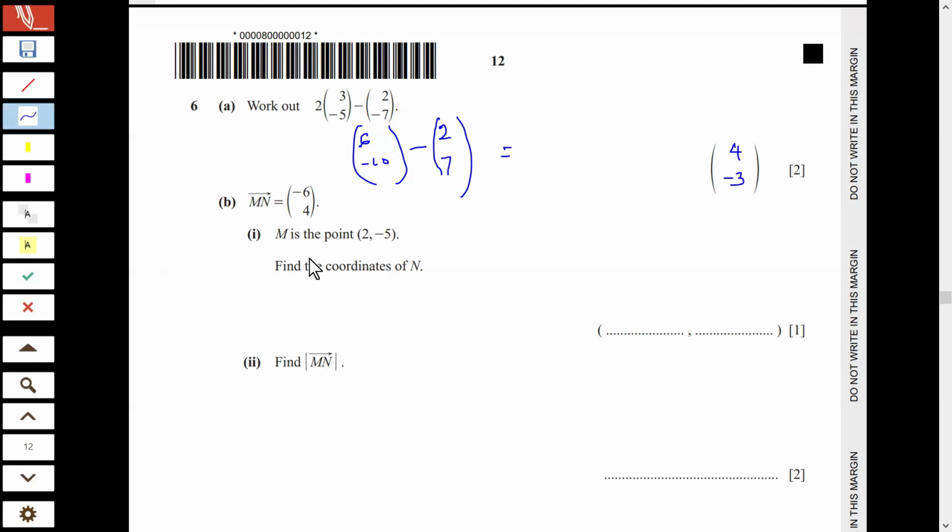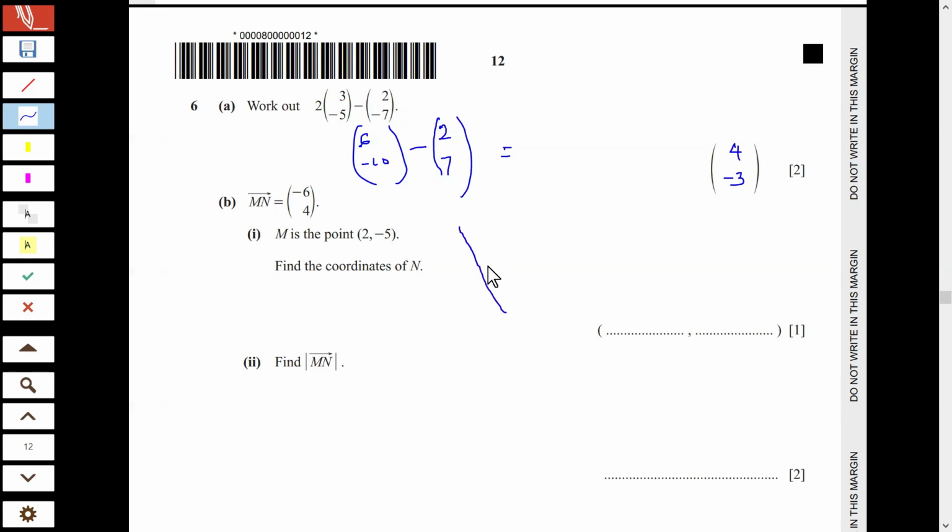Now for 6b, we have vector MN with a column vector of -6 to 4. M is on the point 2 to -5, find the coordinates of N. Okay, so we have this. Let's see, we have a line.